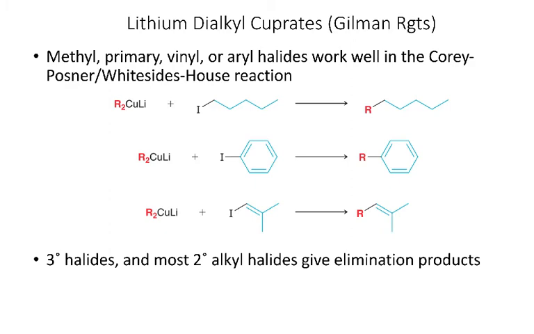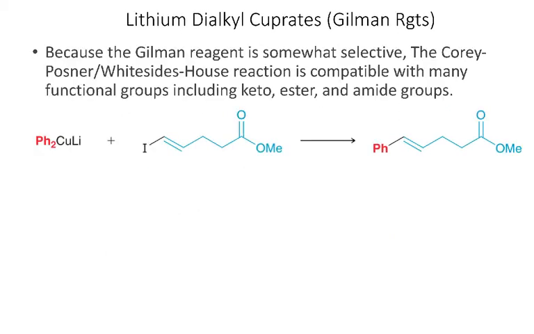So we're really looking for methyl, primary, vinyl, or aryl halides. A big advantage of the Gilman reagent over some other organometallic compounds is that they're fairly selective. And so we can use these even when other functional groups are present that other organometallic compounds might react with.